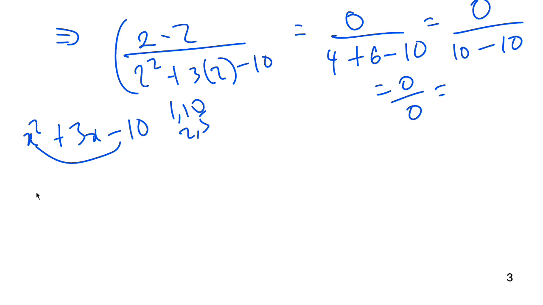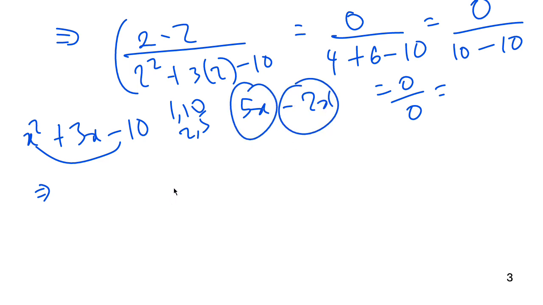So we can derive 3x by saying 5x minus 2x, because we're looking for a product that gives us negative 10. And 5x minus 2x is actually 3x.